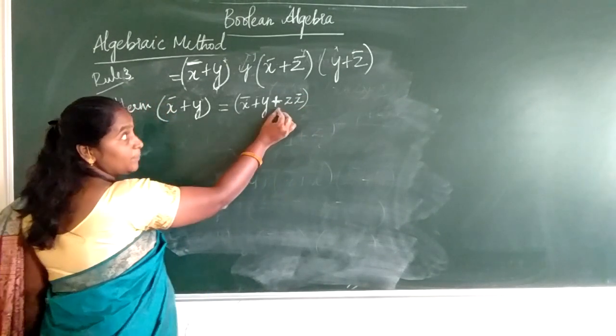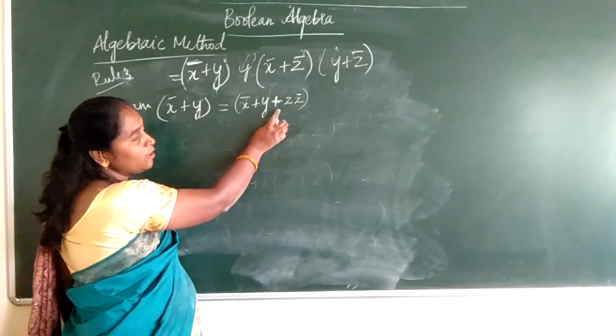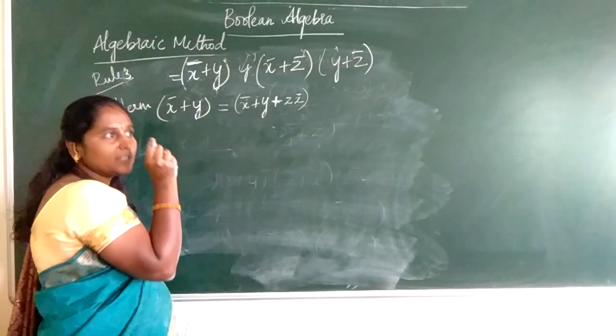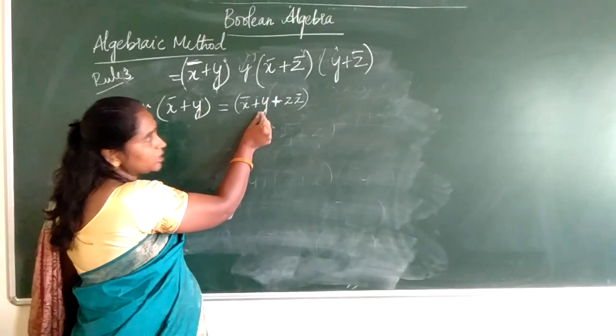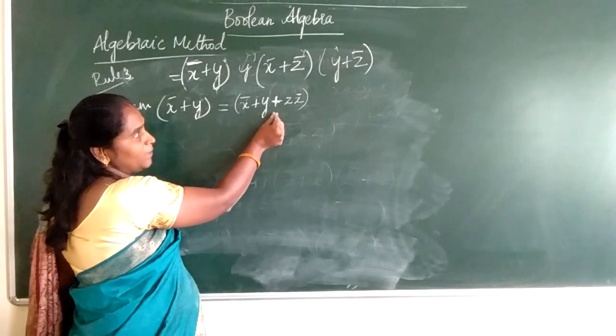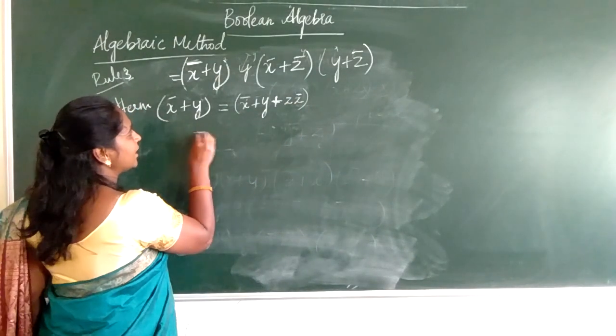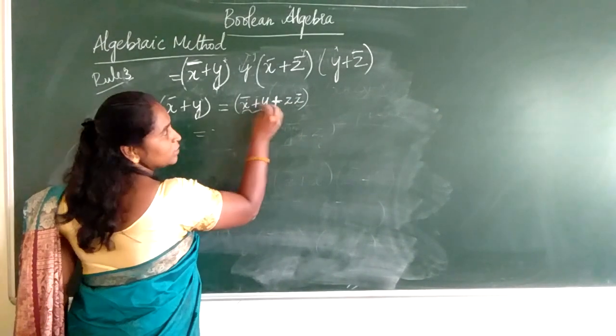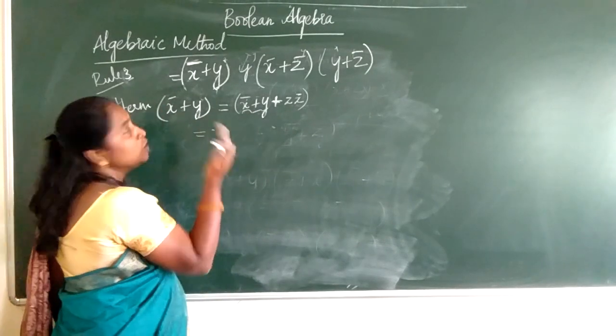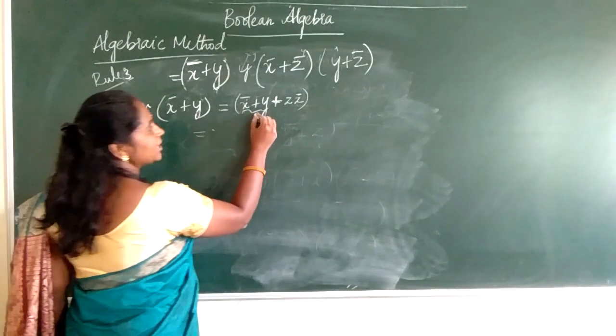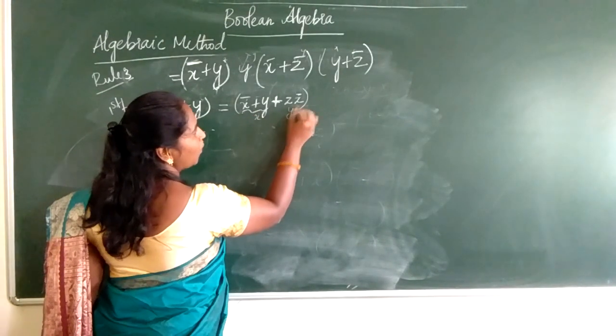So this is not a proper POS. In POS, each individual literal should be added, but it is not in the form of a product, so again it should be simplified. So you consider this one, using the distributive law. The third rule is to solve using the distributive law. Consider this is my x and this is my yz.